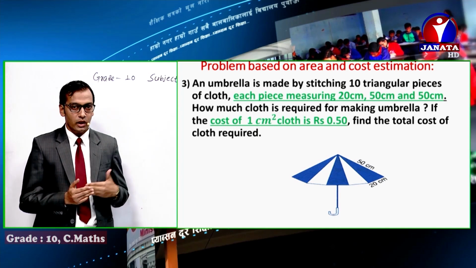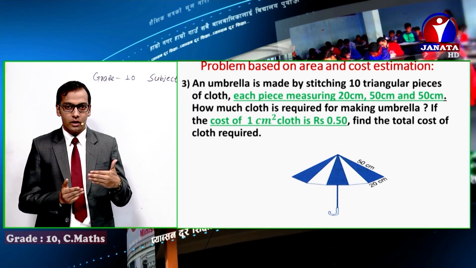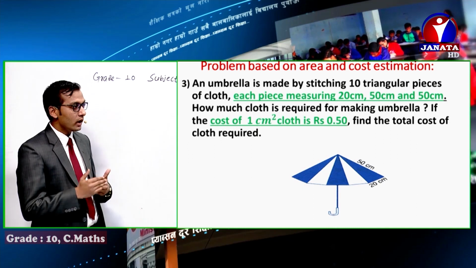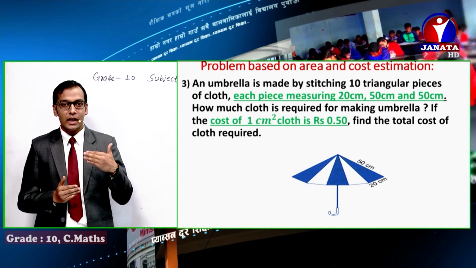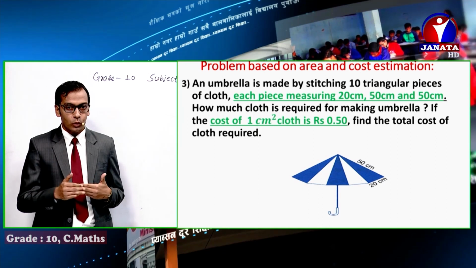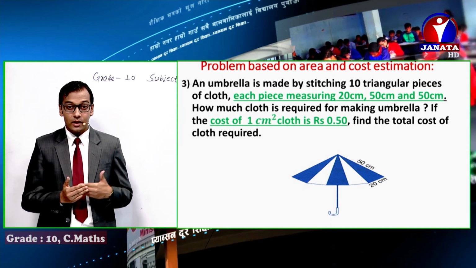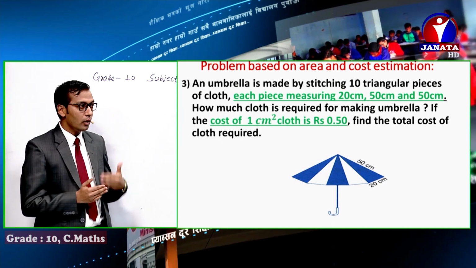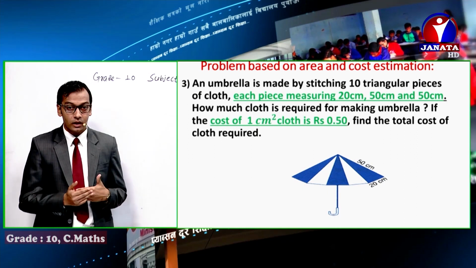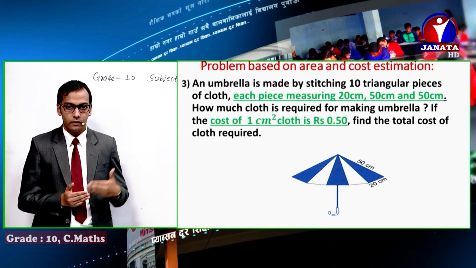I am using the direct formula here. First we find the area of one isosceles triangle, and then the area of 10 isosceles triangles, because the umbrella is made by combining 10 triangular pieces of cloth.